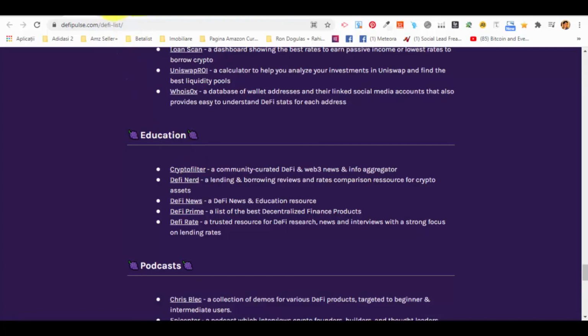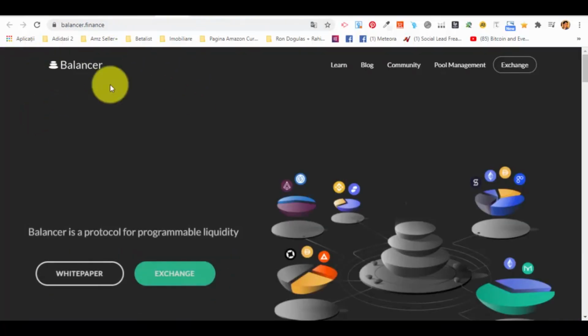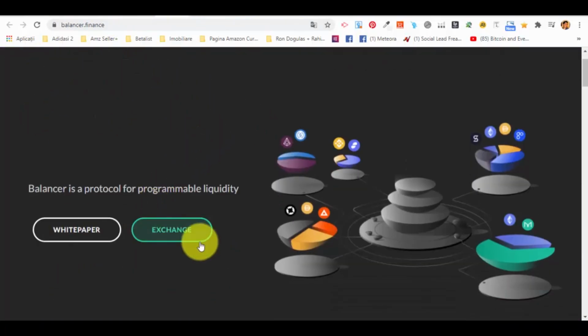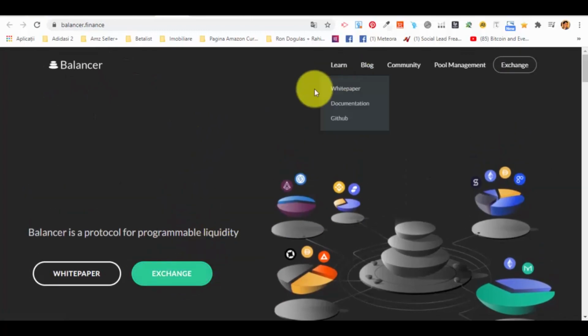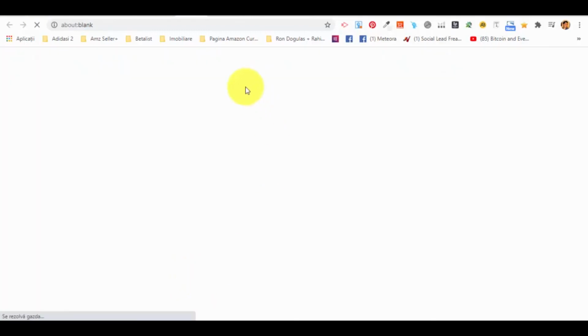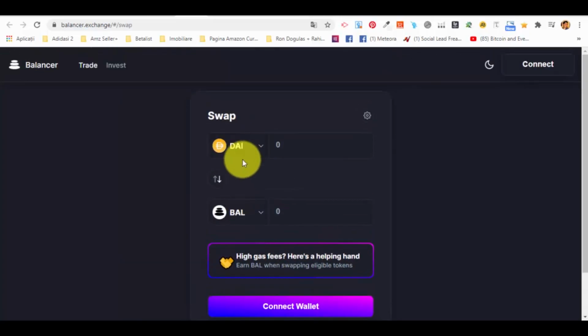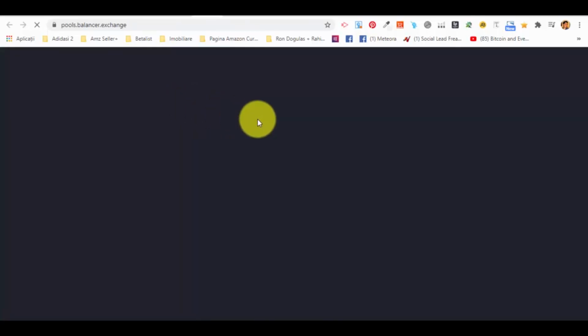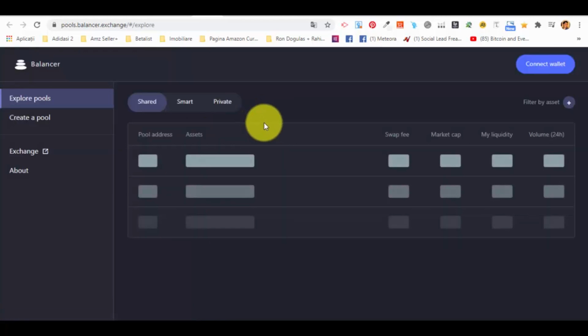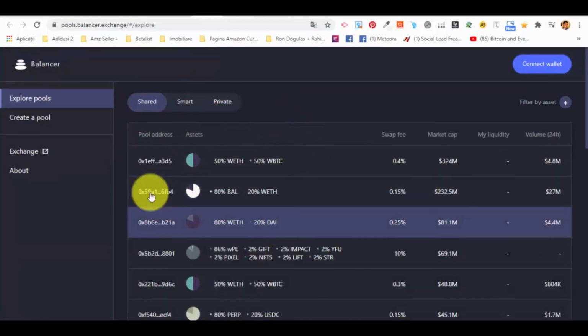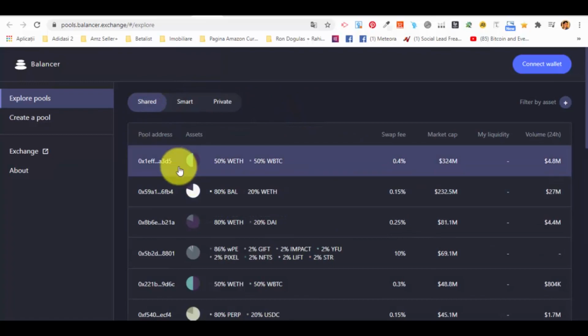Okay, and let's go to Balancer. In Balancer, if you have a look at the exchange, you can basically just swap between coins, and if you want to invest, you just click on the invest button and you are going to see a lot of pools created.